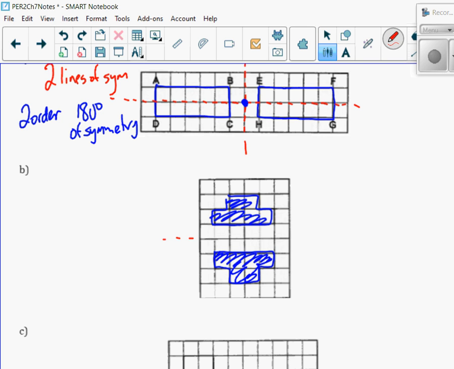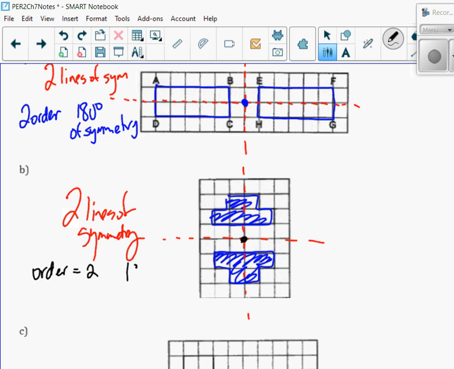If I put a line here, it's got symmetry, and a line here, it's got symmetry. So 2 lines of symmetry. And then if I use this as the center, I can rotate it twice. So the order is 2, which means it's got 180 degrees of rotational symmetry.